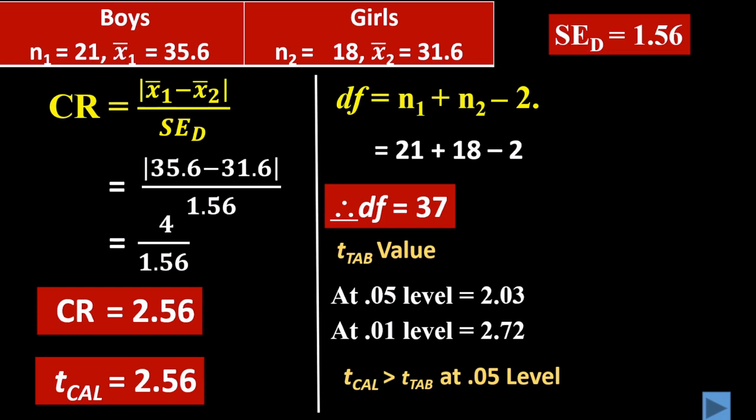But here our t calculated is greater than the t table value required at 0.05 level for significance of difference between means. So the null hypothesis will be rejected and it is concluded that there is a significant difference between the means of boys and girls.